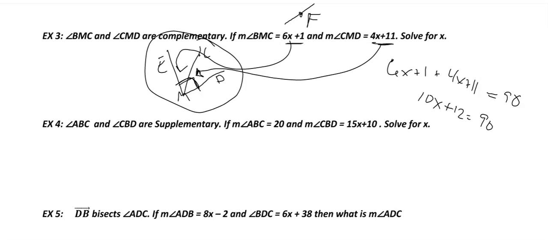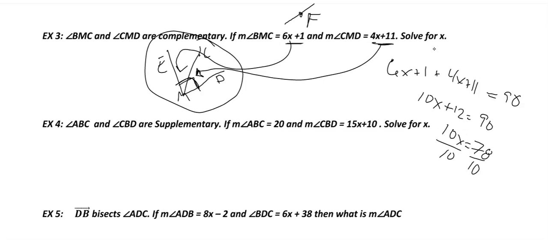When you solve that, minus 12, you get 10x equals 78. And then you would divide by 10. Okay? So it's 7.8. That's what x is, and it's only asking for x. We don't have to substitute it back in.